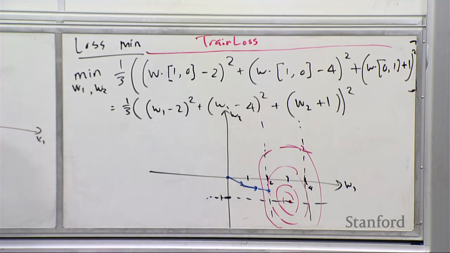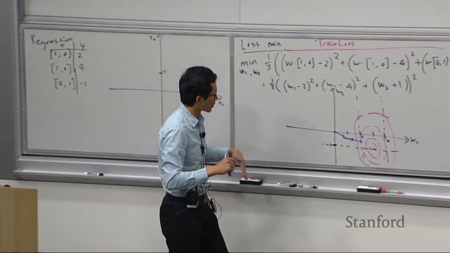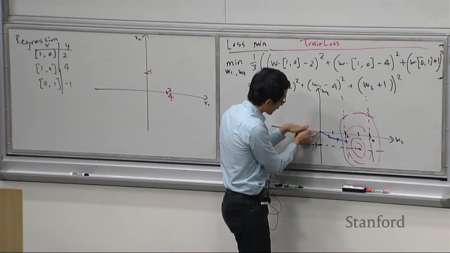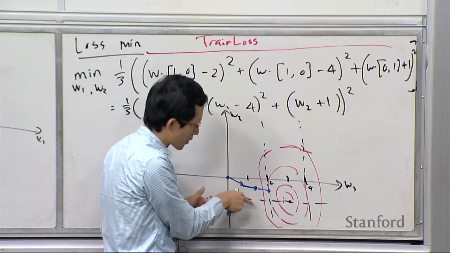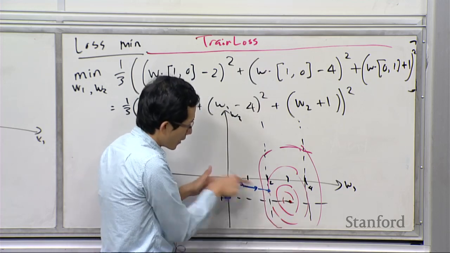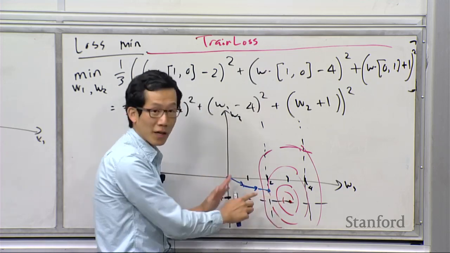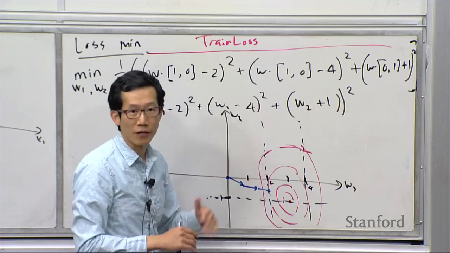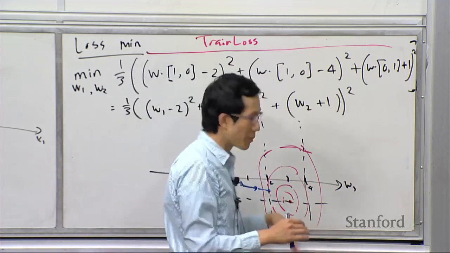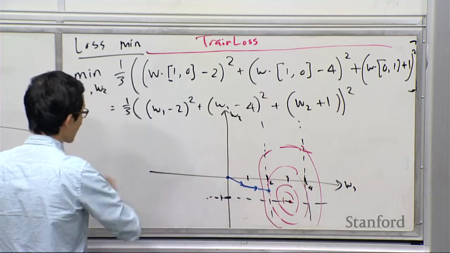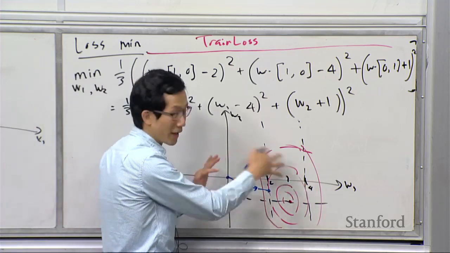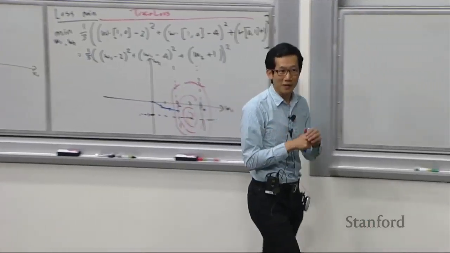So in this case, what does this mean? That means you're going to pick one of these examples and move in that direction. So you might be starting out, and you might pick this function, and you're going to move there. So clearly, that's not the right direction because you want to head more towards 3, -1. But notice that it's still kind of moving in the right direction. And so maybe you can convince yourself, at least on this example, that if you just take a stochastic gradient step, it'll be okay.